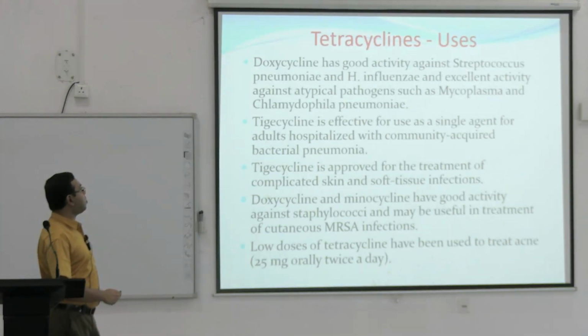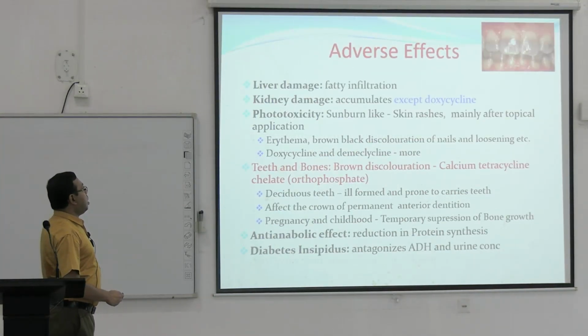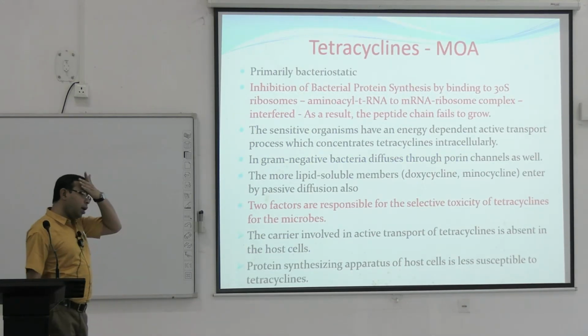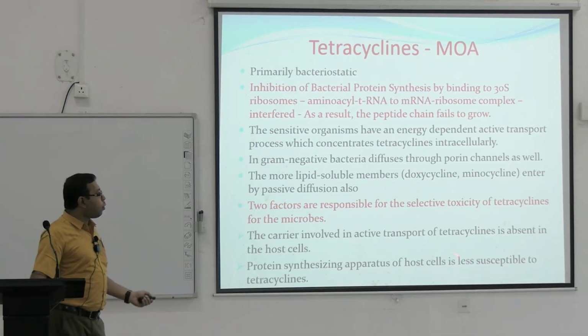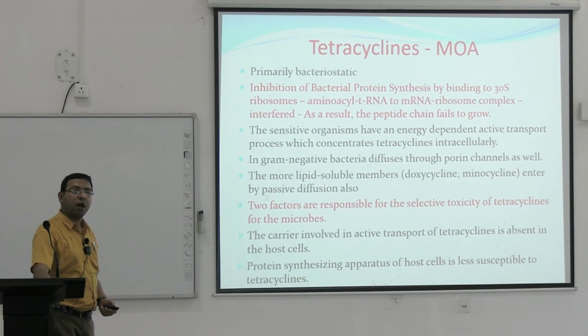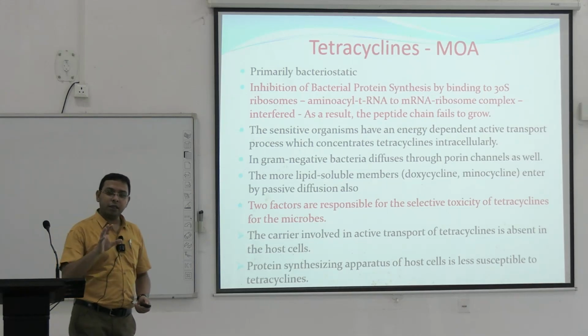Again we will come to this. So the mechanism we have already seen. Two factors are responsible for the selective toxicity of the tetracyclines for the microbes. The carrier involved in active transport of tetracycline is absent in the host cells. That's why the adverse effects in our body are less.